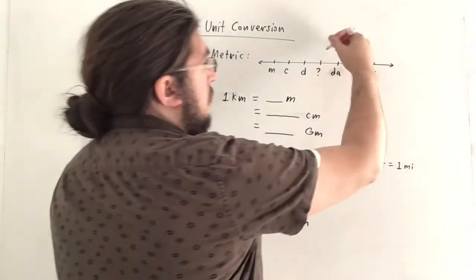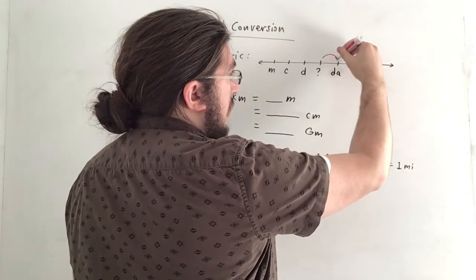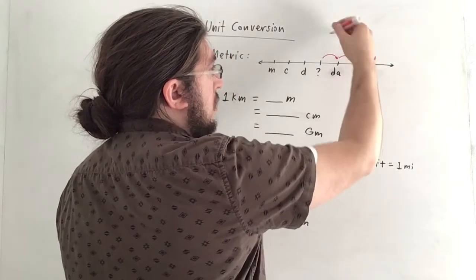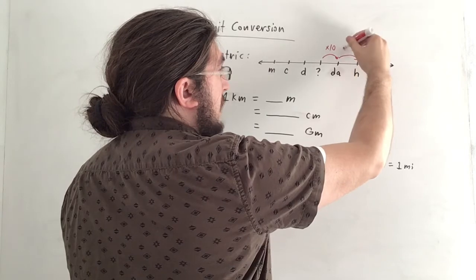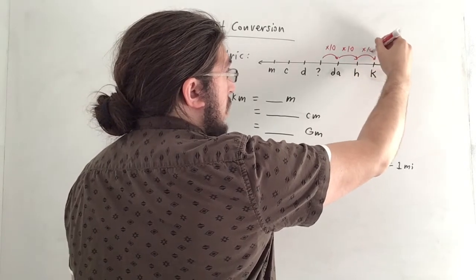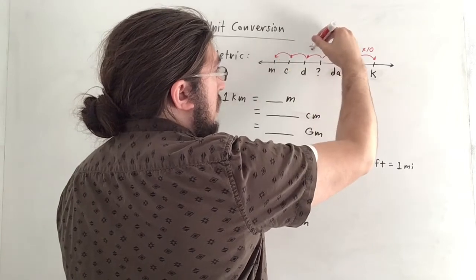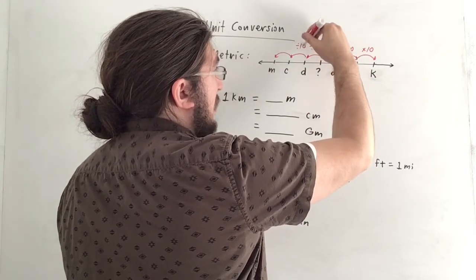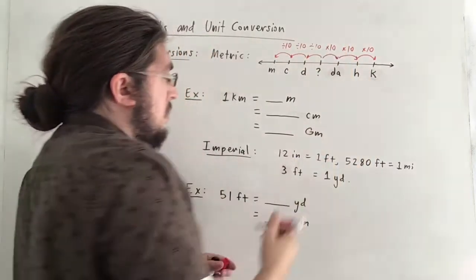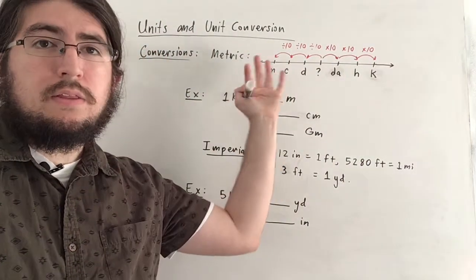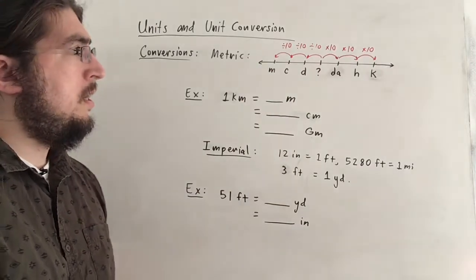So, of course, the way the metric system works is you multiply by 10 to get each of these prefixes. So there's multiplying by 10 to go from left to right, and there's dividing by 10 to go from right to left. So you divide by 10, divide by 10, divide by 10. As a little bit of an example here, by the way, there are a few prefixes I didn't list here.